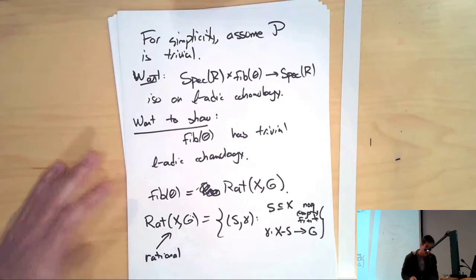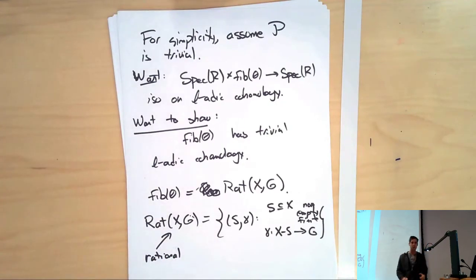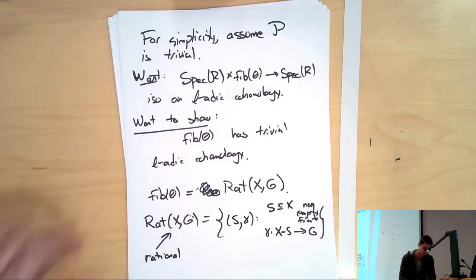And the kind of thing that we have to prove in order to prove this non-abelian Poincaré duality theorem is that this space of rational maps is contractible.